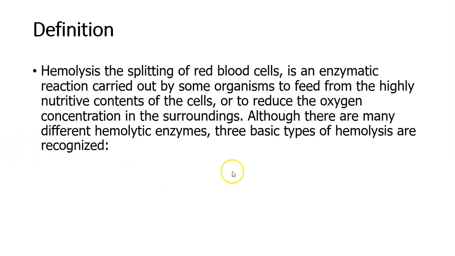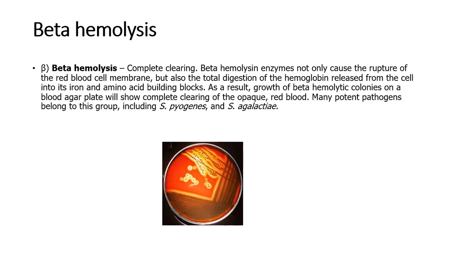There are three basic types of hemolysis that we look at: alpha, beta, and gamma. Beta hemolysis is the most important one, and staph can do it, and certain streps can do it. Beta hemolysin enzymes rupture the red blood cell, number one, and digest the hemoglobin in that cell, okay?